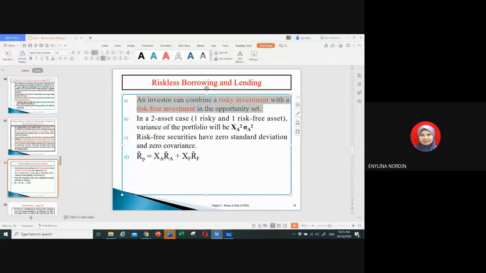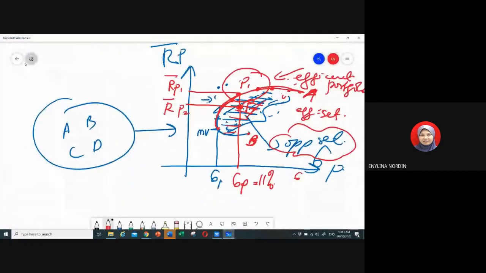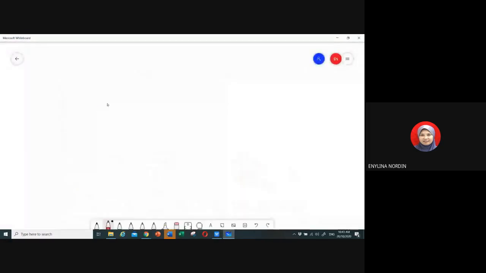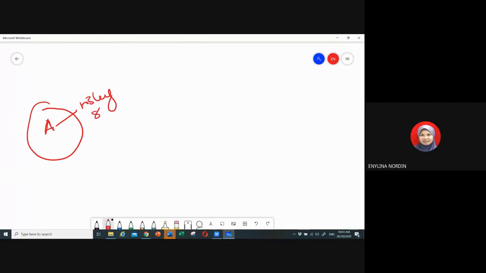Maknanya dalam portfolio dia, tadi kita ambil example A and B are risky assets, but what happens kalau A is a risky stock, combine dalam portfolio you ni dengan stock B which is a risk-free asset. Bila kita kata risk-free asset or risk-free stock, that means standard deviation dia adalah 0. Risky stock maknanya dia ada standard deviation certain value.